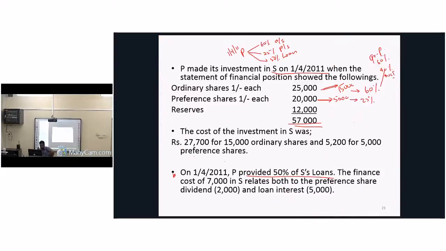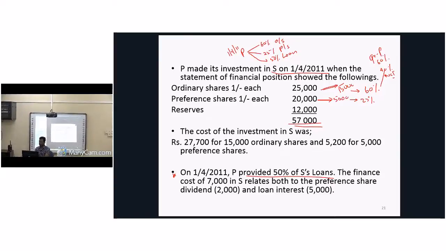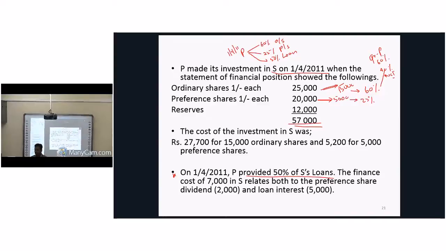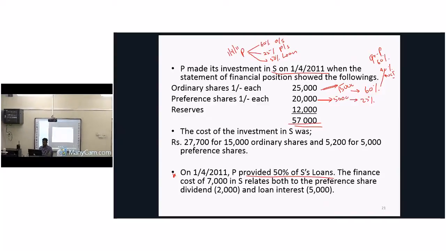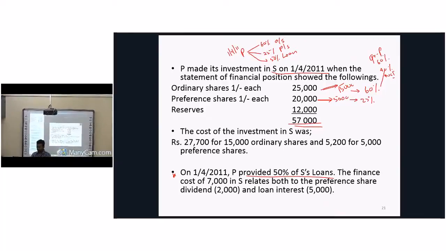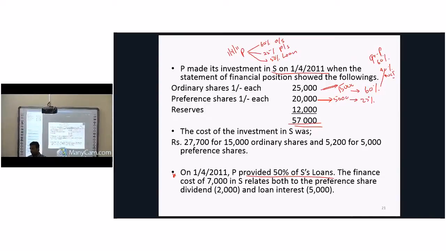Read it carefully. Parent made its investment in subsidiary on 1st April 2011 when the statement of financial position showed the following. On that day, they had ordinary shares of 25,000, preference shares of 20,000, a new one, and reserves of 12,000. The cost of the investment in subsidiary is 27,700 for 15,000 ordinary shares.